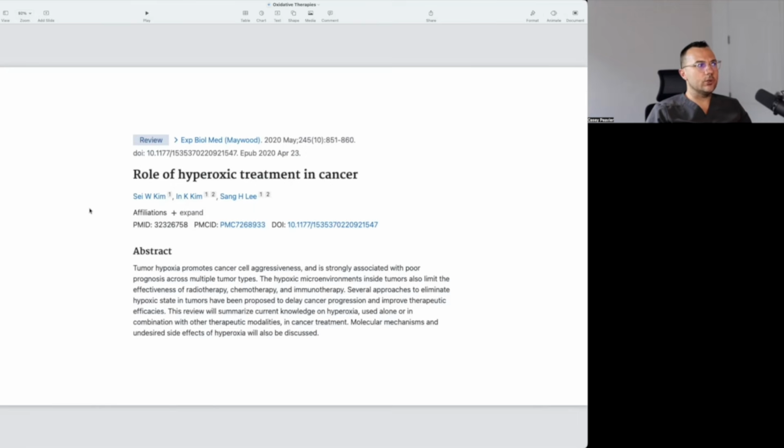Several approaches to eliminate hypoxic state in tumors have been proposed to delay cancer progression and improve therapeutic efficacies. This review will summarize current knowledge on hyperoxia used alone or in combination with other therapeutic modalities in cancer treatment. Molecular mechanisms and undesired side effects of hyperoxia will also be discussed.